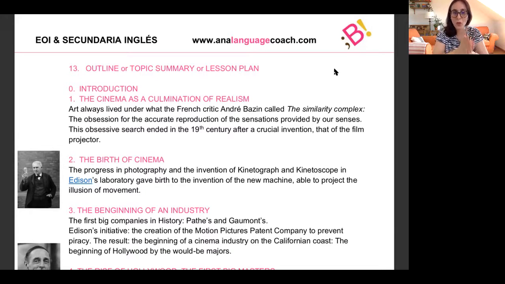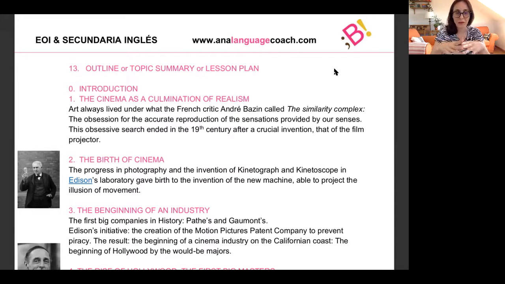So art always lived under what the French critic André Bazin called the similarity complex, the obsession for the accurate reproduction of the sensations provided by our senses. This obsessive search ended in the 19th century after a crucial invention, that of the film projector.